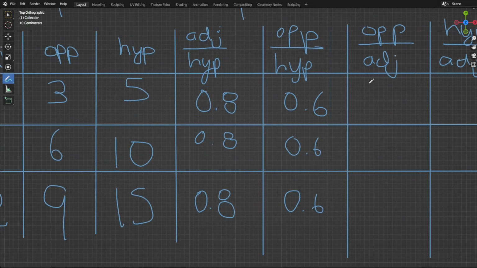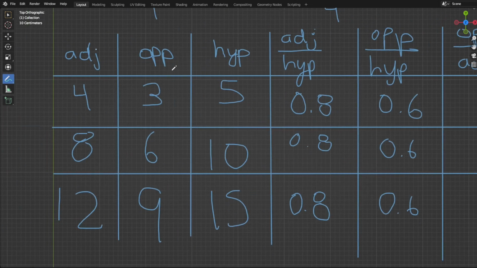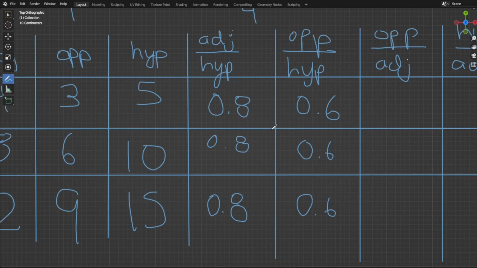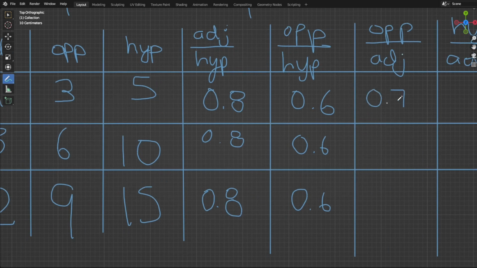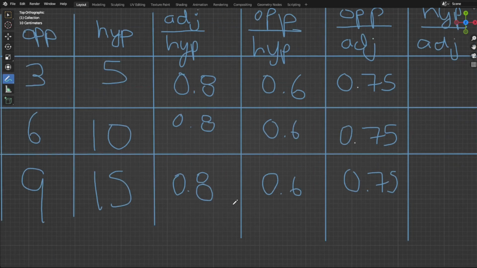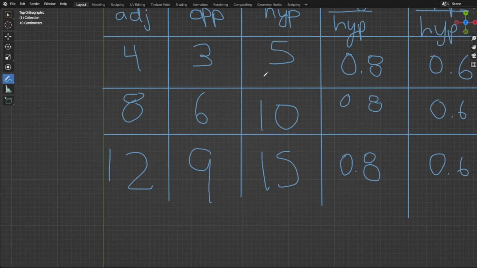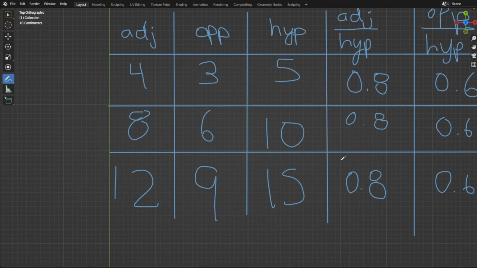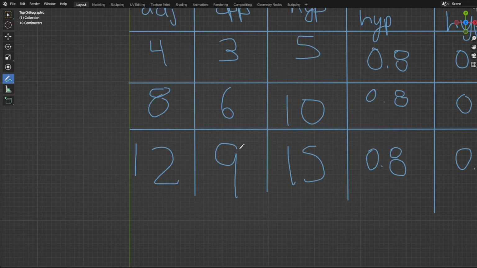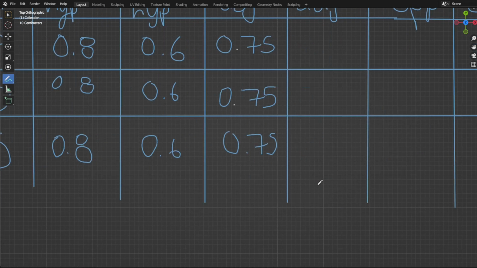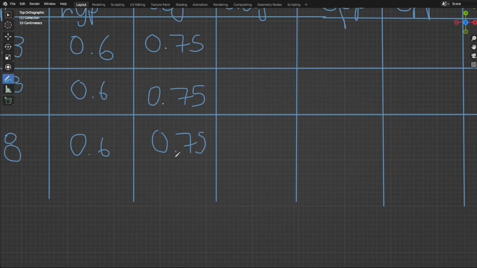Let's go with opposite over adjacent. So that's this one, 3 over 4. It should be 0.75. And if you keep doing this, you'll notice you get 0.75 for opposite over adjacent. So that's 6 over 8, you divide that to get it, and 9 over 12. It should be 0.75.